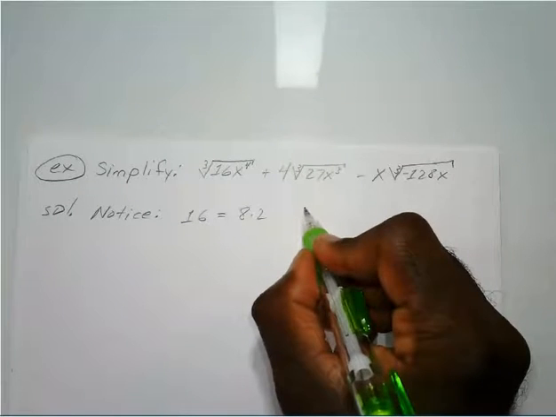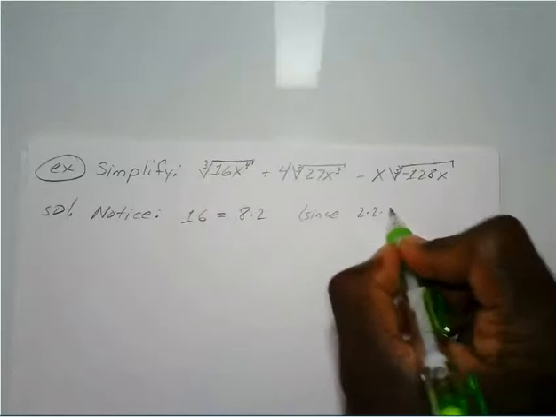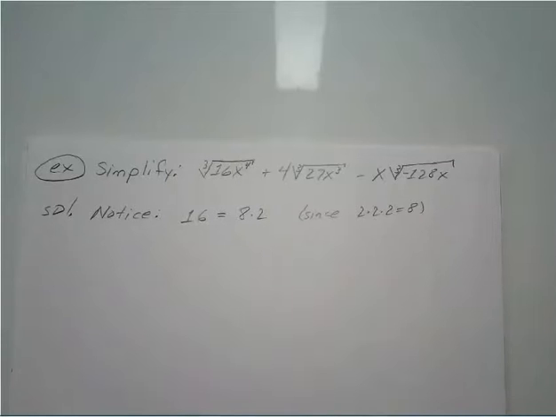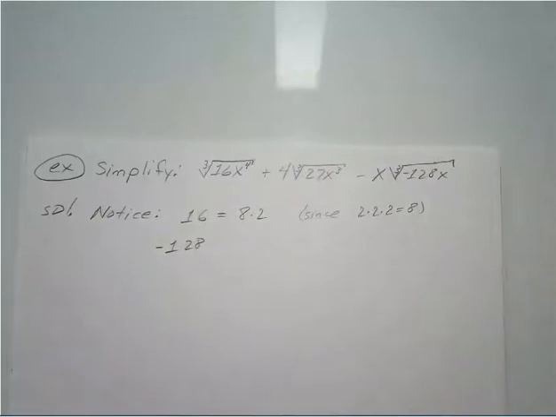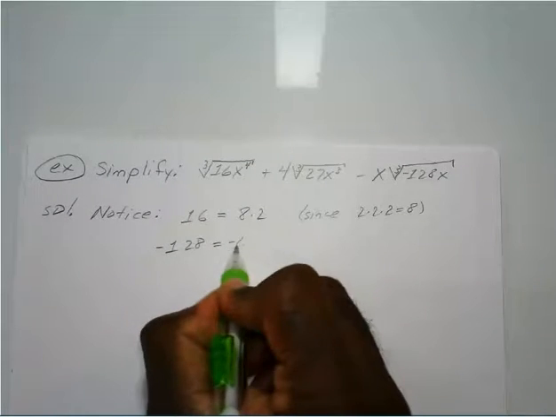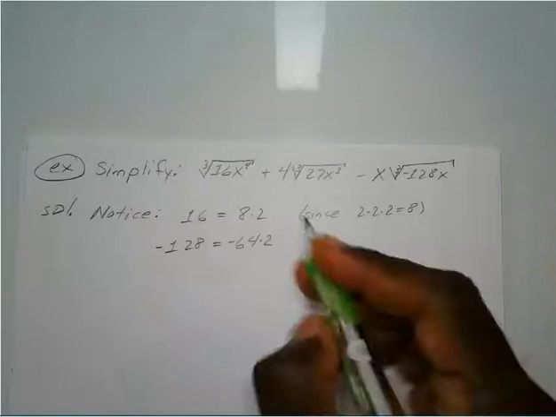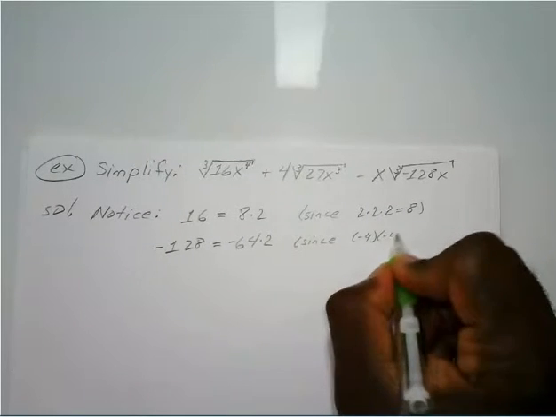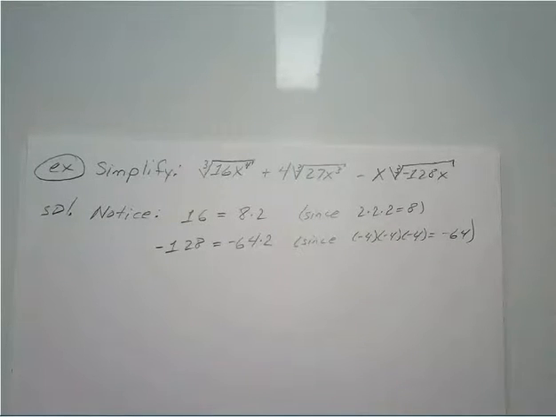And we chose 8 times 2 instead of 4 times 4 because we know that 2 times 2 times 2 equals 8, which will give us our cube root value. Same thing with negative 128. That's going to equal negative 64 times 2. And why do we pick negative 64? That's because negative 4 times negative 4 times negative 4 equals negative 64. So they both have cube root values.